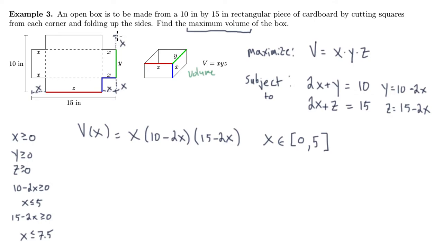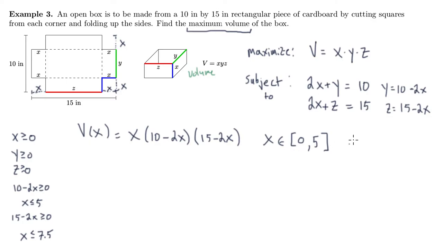I'm going to reach the middle of the piece of cardboard along the 10-inch side before the 15-inch side, so I can make a cut here and here of length 5 and still make a meaningful cut. I'm not cutting into nothingness, so to speak. So really x should be between 0 and 5. 5 is the largest cut I can make and still have a somewhat meaningful box.